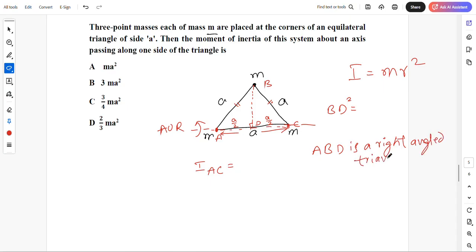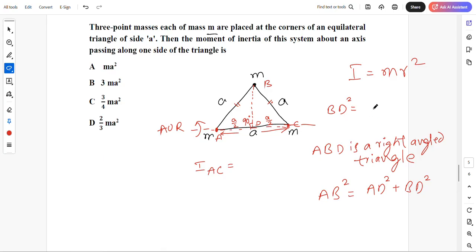The square on the hypotenuse is equal to the sum of the squares on the other two sides. Therefore, AB square is the hypotenuse because it is opposite to the right angle. AB square is equal to AD square plus BD square.